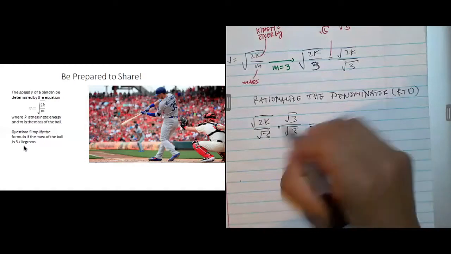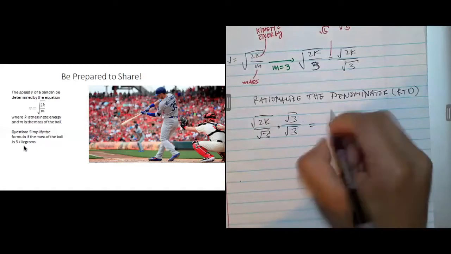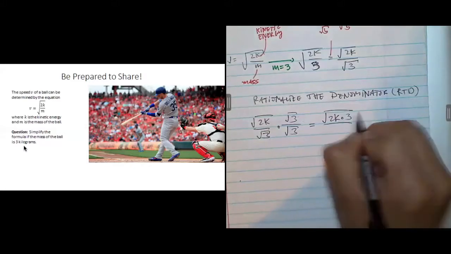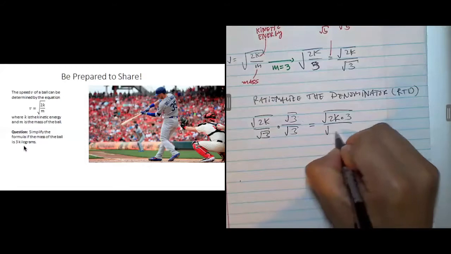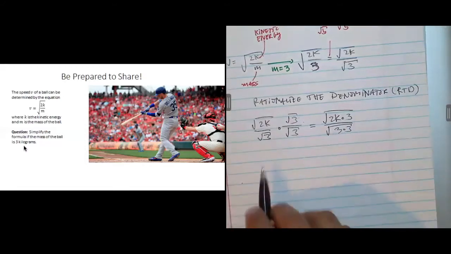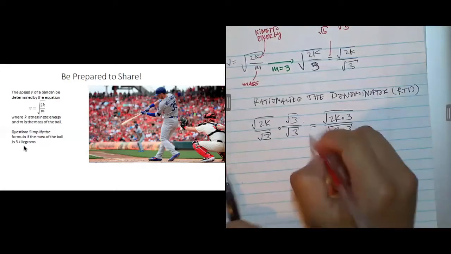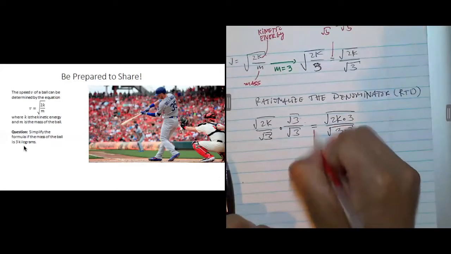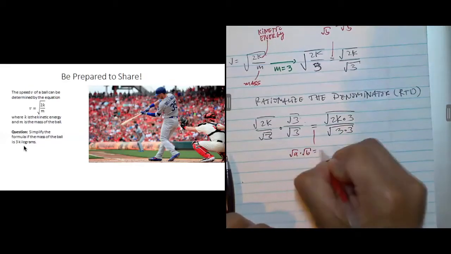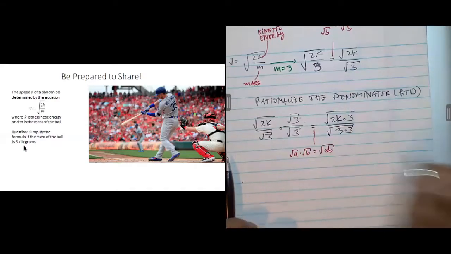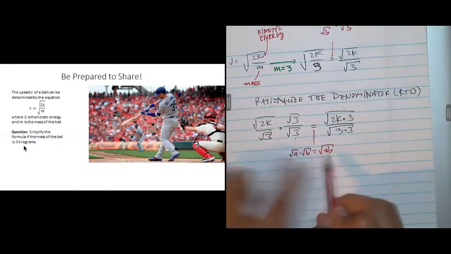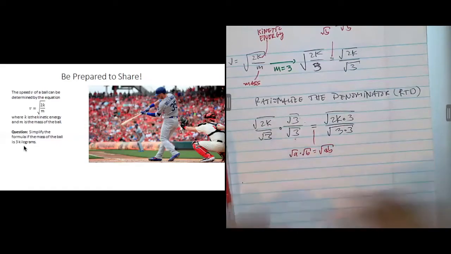I can put these two together, meaning 2k times 3 and 3 times 3. The rule that I used here was the rule from last week: square root of a times square root of b is equal to the square root of a times b. So if I have two radicals, I can put them together like so.